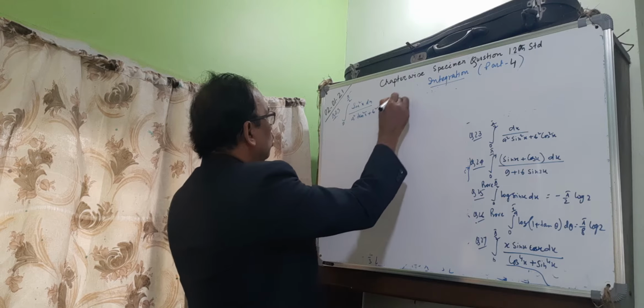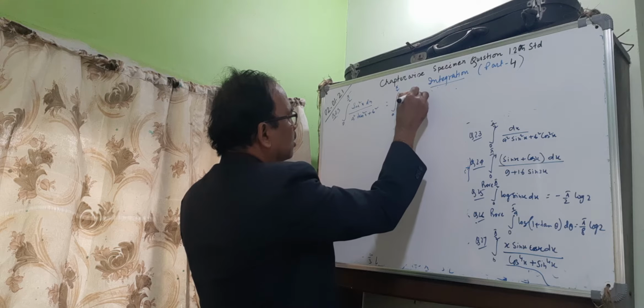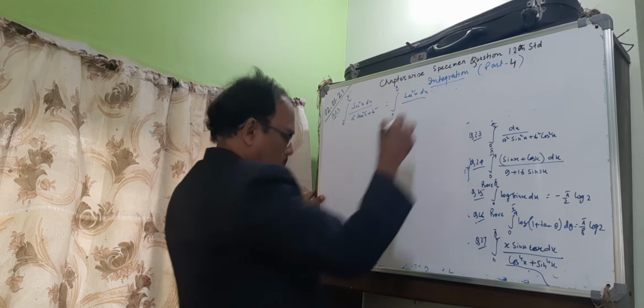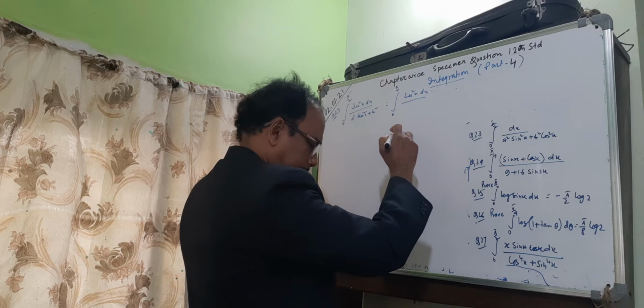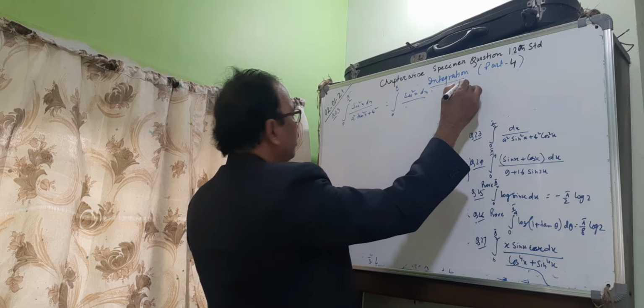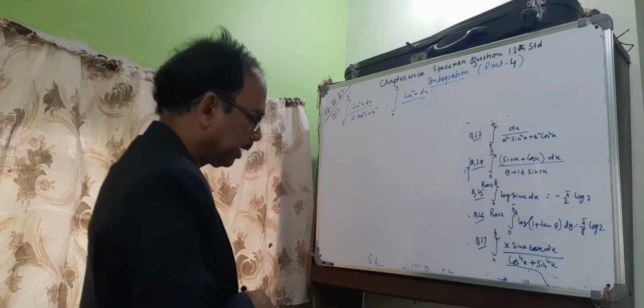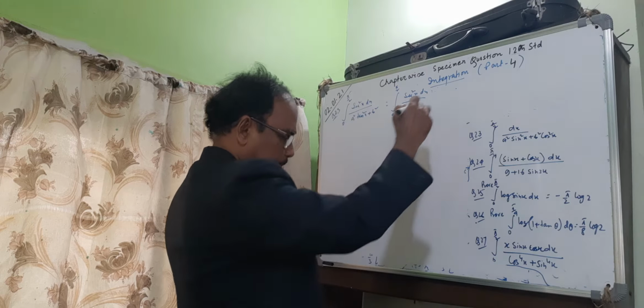Now we can do 0 to pi by 2 sec square x dx, and divide it, a square tan square x plus b square.